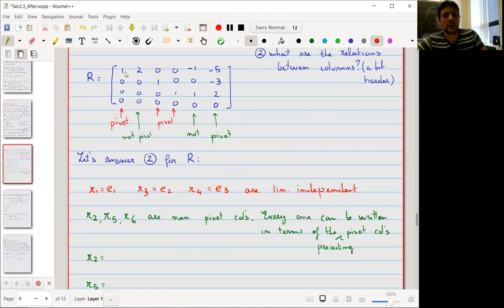What we know for sure is that the pivot columns are linearly independent from one another. If I take a set containing the pivot columns, they are different standard vectors, so they're linearly independent. And once we have the pivot columns, it's not too bad to write relations for the other columns. Let's take, for example, the second column, R2. Well, that column is twice the first.